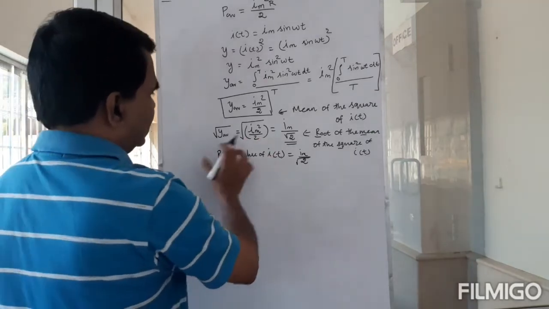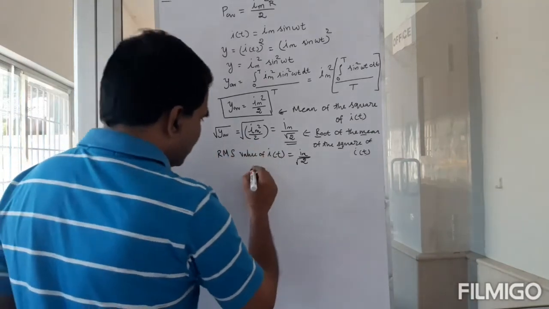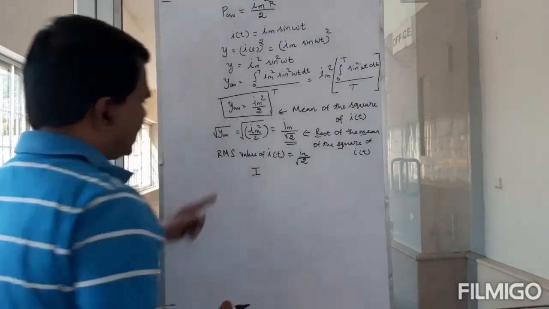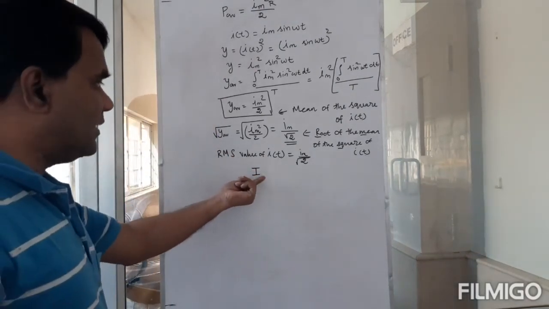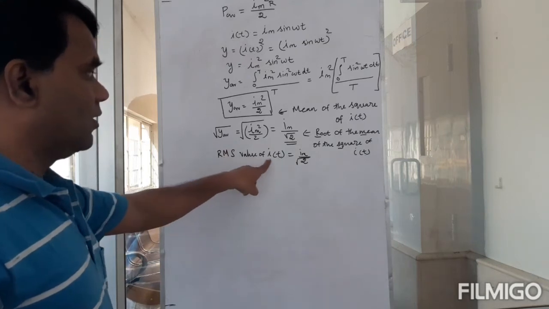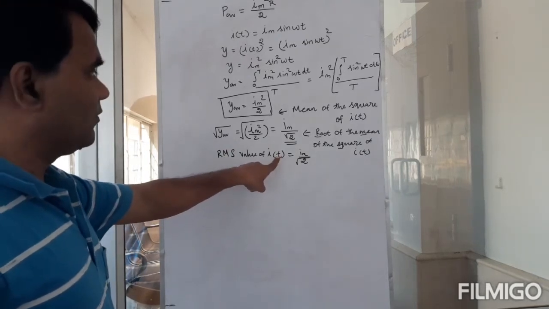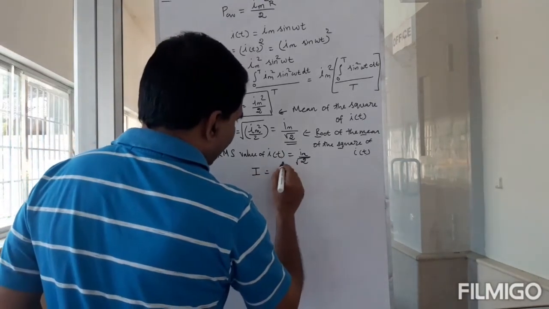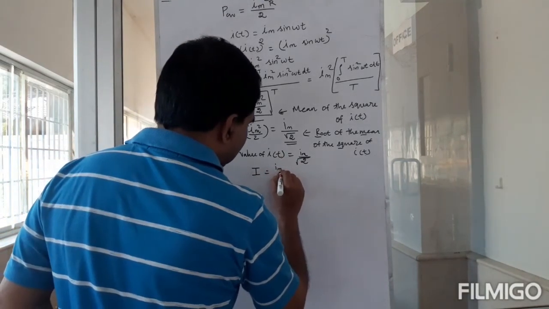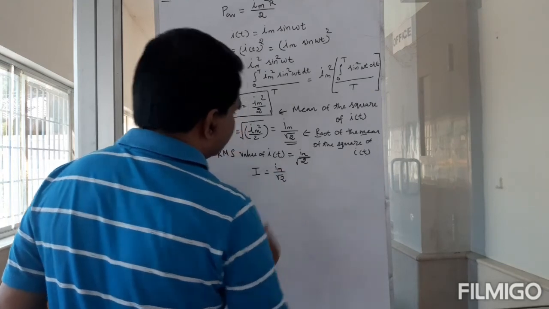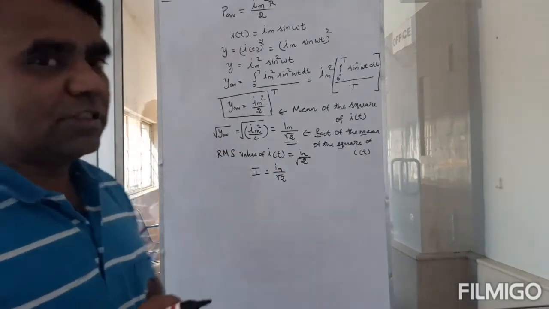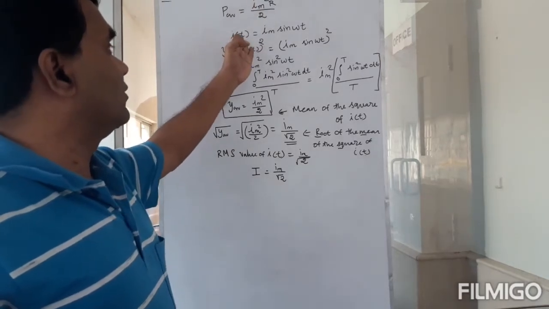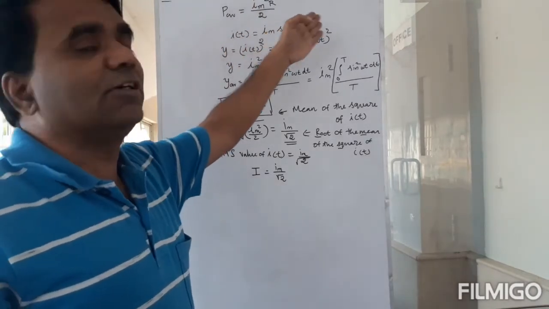I need a symbol for this. I'm going to use capital I. Whenever I use capital I, I mean the RMS value of the current. So this is equal to Im by root 2. Suppose I take the voltage function instead: V of t is equal to Vm sin omega t.